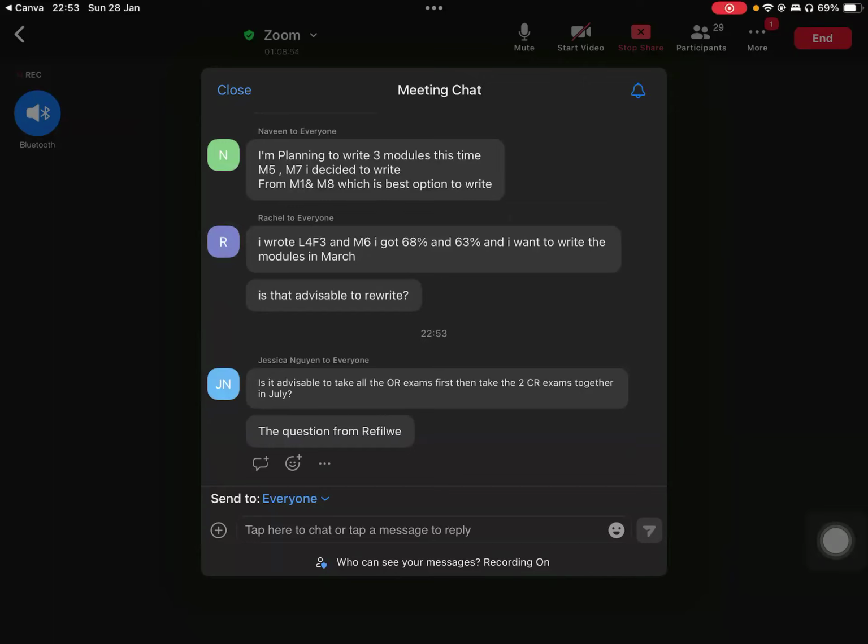And due to the recent change, I recommend that you may try L4, M1. It is because it has a slightly lower pass rate than M8, but M8 has had a recent change, and I'm not sure that all the practice questions already reflect the recent change, and therefore I recommend that you try L4M1.